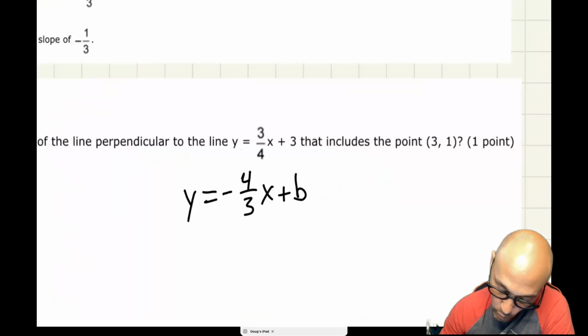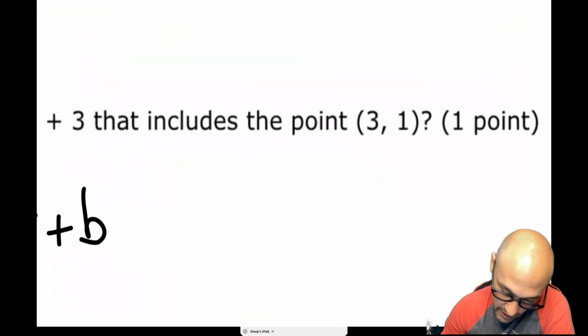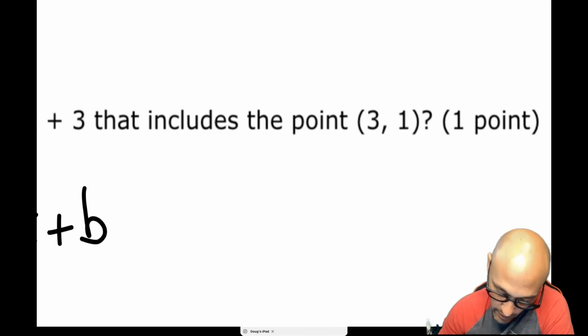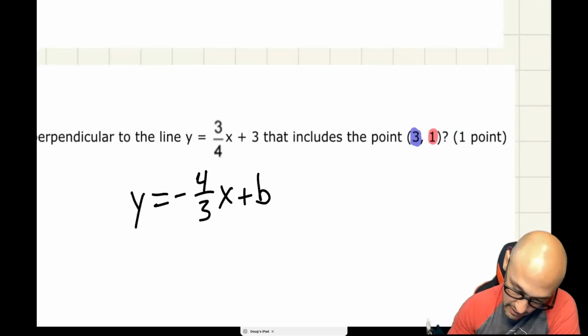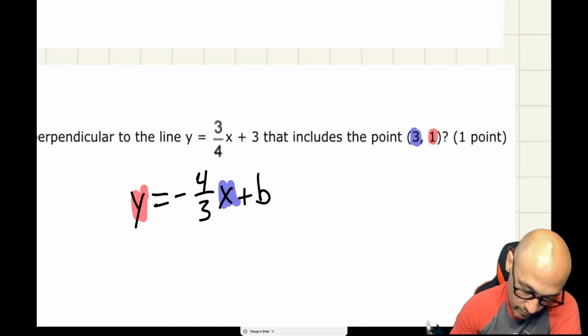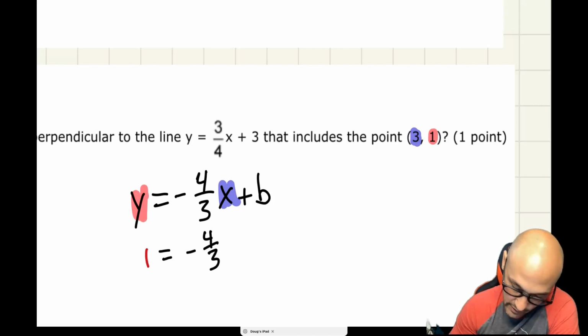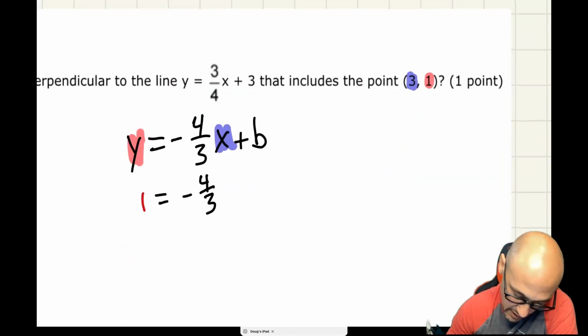We're given this point (3, 1) that is on the line that we're looking for. So we're going to make our x value 3 and our y value 1. So we have 1 is equal to negative 4/3 times 3 plus b.